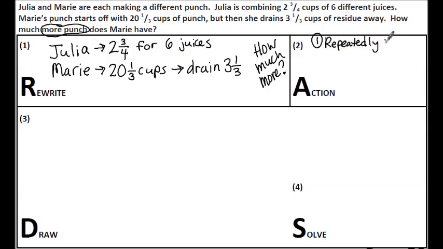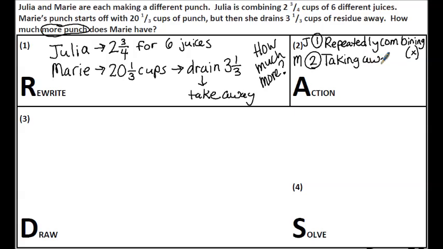But because we are repeatedly combining these juices 6 different times, it would be faster to use multiplication. So that will give us how much Julia has. And Marie, we start with 20 1/3 cups, and then we are draining or taking away 3 1/3 cups.